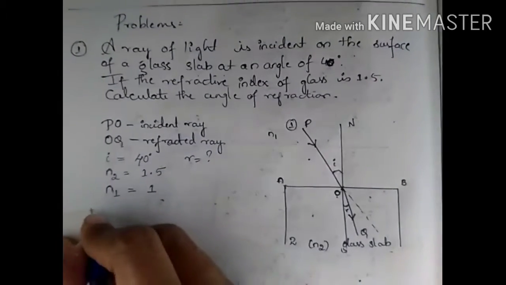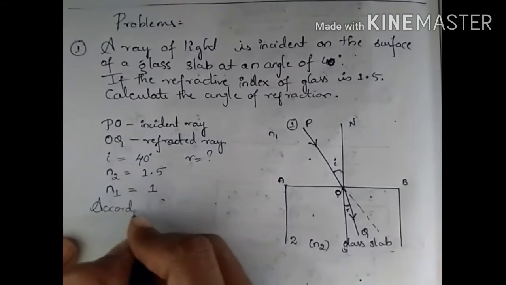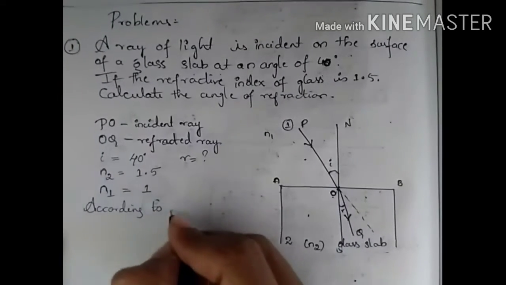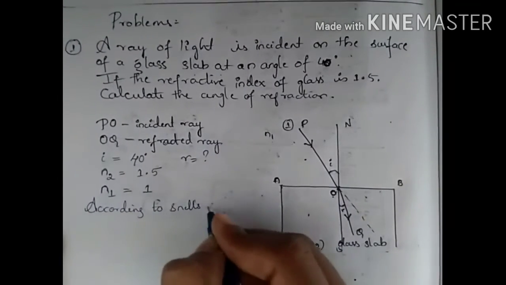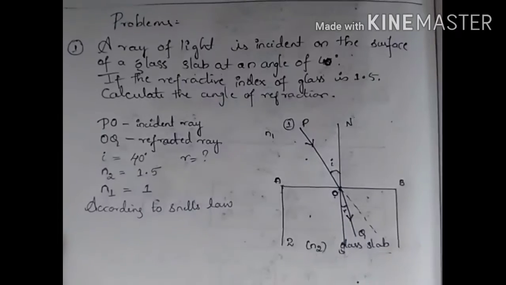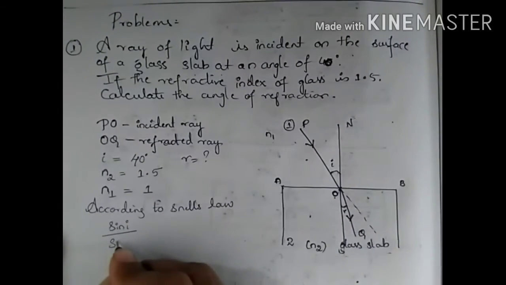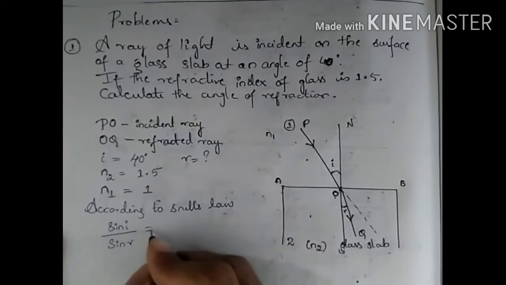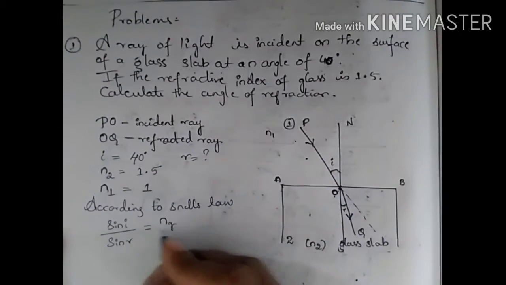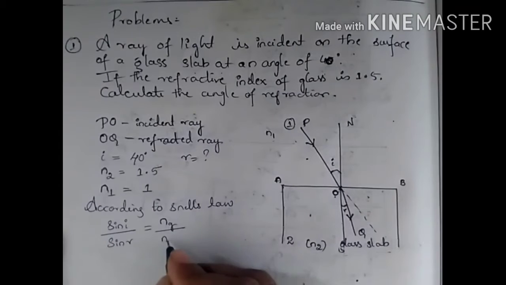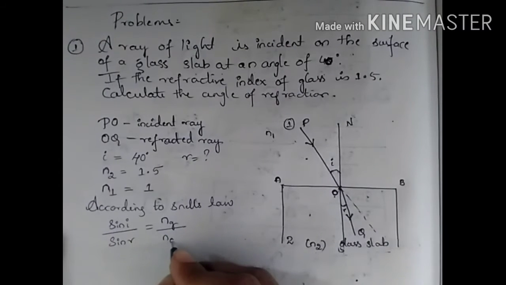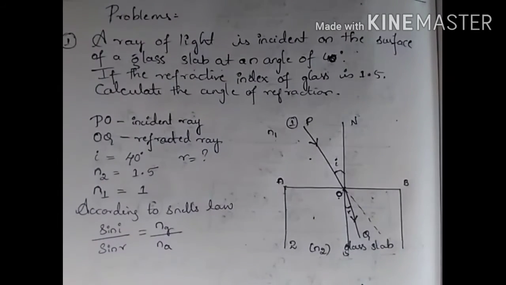So according to Snell's law, the ratio of sin I by sin R will give you Ng by Na. So this is from Snell's law.